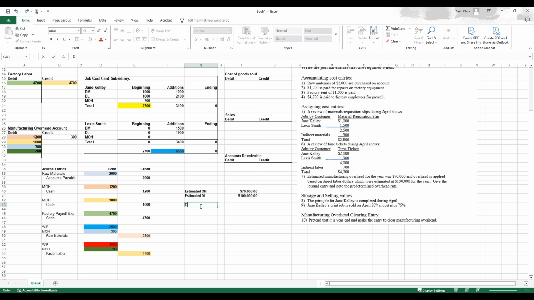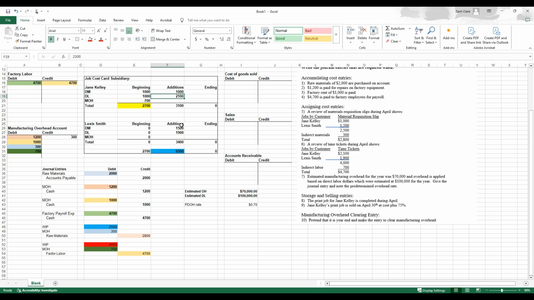So our predetermined overhead rate then is just taking our overhead expectation divided by direct labor expectation to give us 70 cents essentially. So what we're saying is that for every dollar of direct labor, we're going to apply 70 cents of overhead. And then we're going to compare that to the actual overhead expenses and clear that out at the end of the problem.